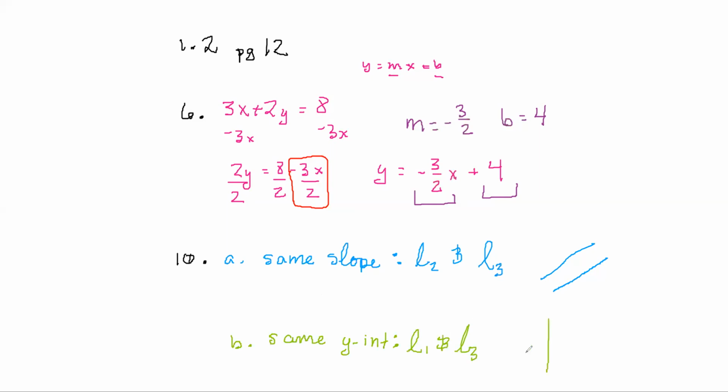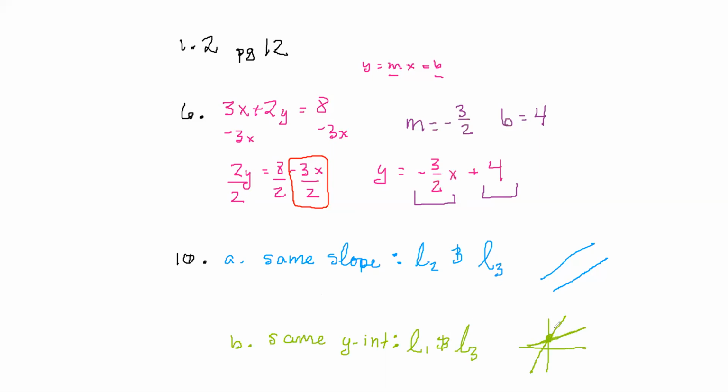So L1 looks something like this. Nope, that goes through 0. And L3 looks something like this. And so they both have positive slopes, and they're hitting the y-axis at the same time.